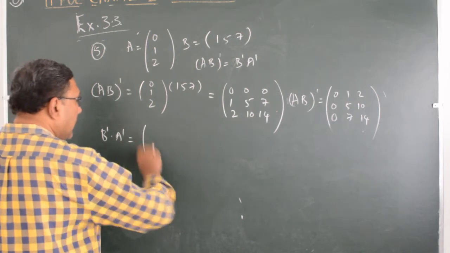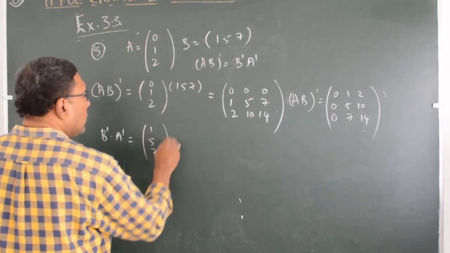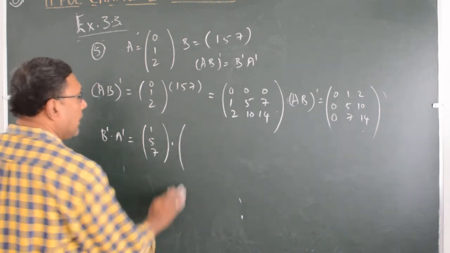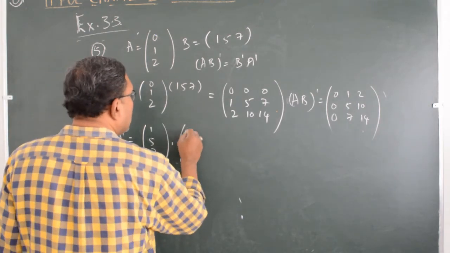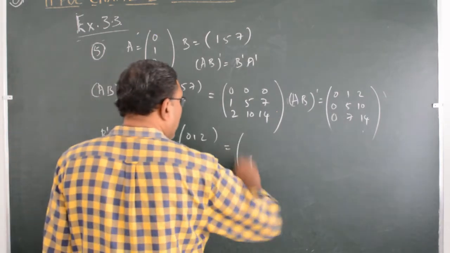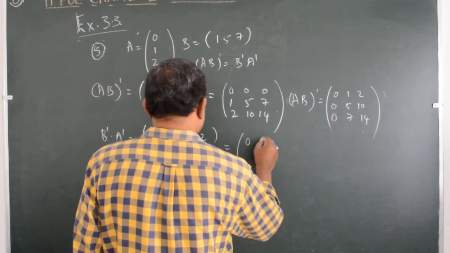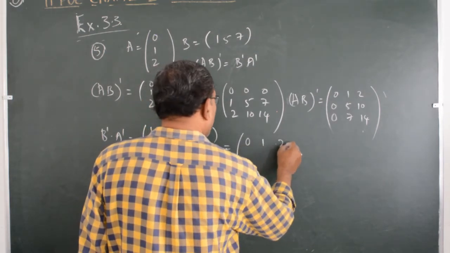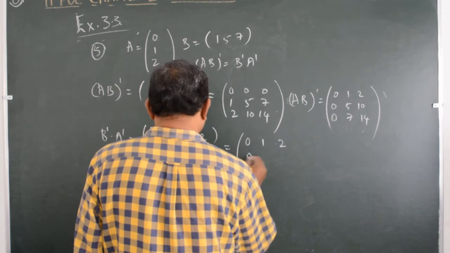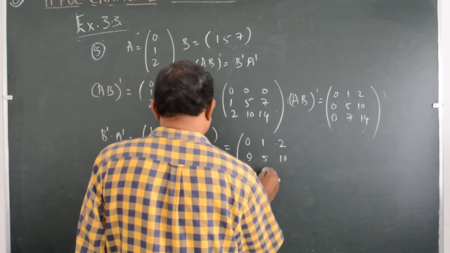Let us check what is B transpose. It will be 1 5 7, which should be multiplied by a row matrix which is 0, 1, 2, right? Same, first row into first column, that is 1 into 0 is 0, 1 and 1 into 2 is 2, and 5 into 0 is 0, 5, 10, and it is 7 into 0, 0, 7 and 14.